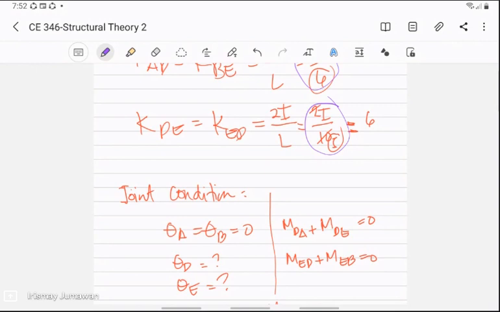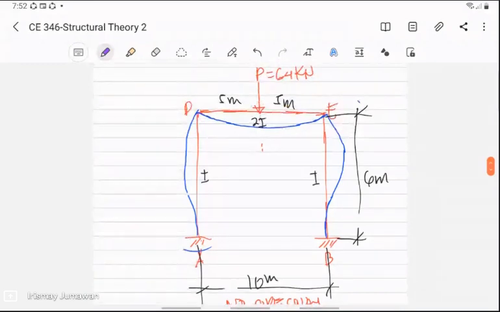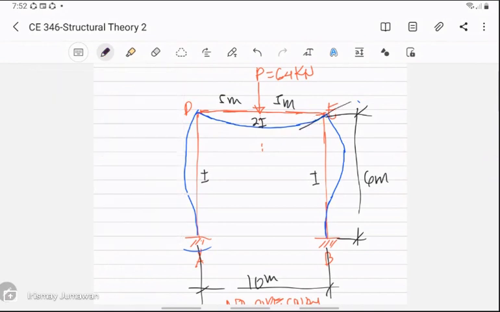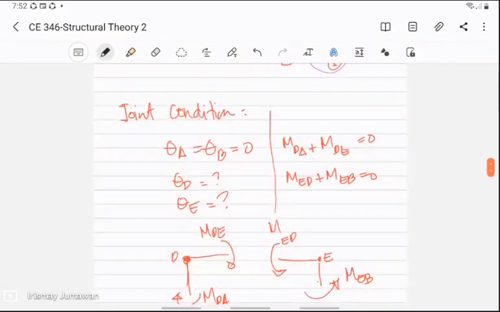Okay, next is the joint condition. For our theta at A and B, we don't have rotation there because the support is fixed, so it is equal to 0. But you have theta D and theta E there.